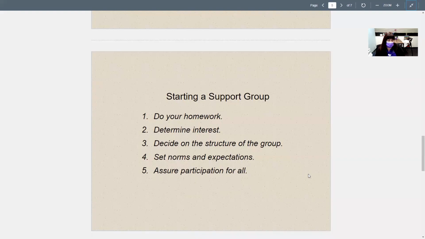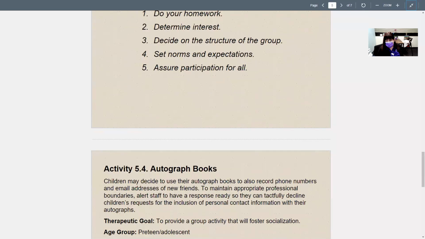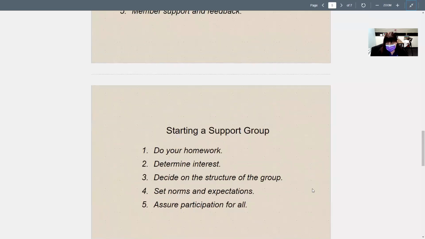And you have to assure participation for all. So in other words, not allowing just one person to dominate the conversation and steal all of the time and attention, just go on and on and on and showcase their needs.